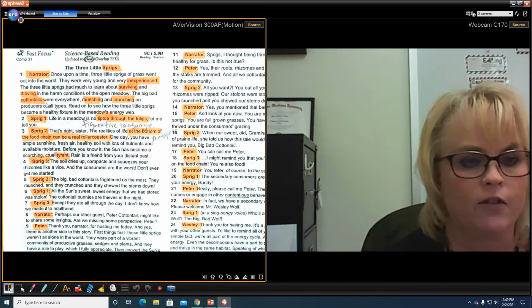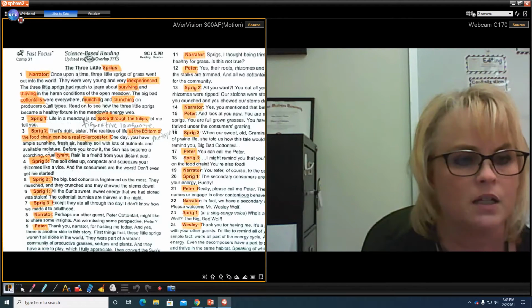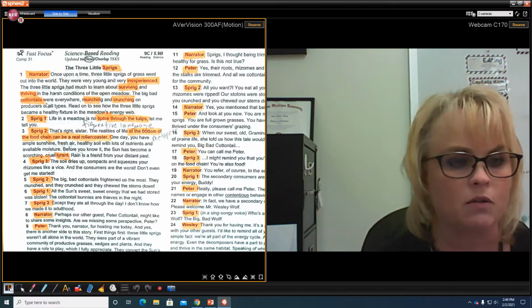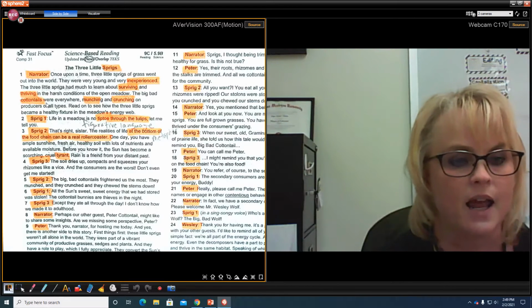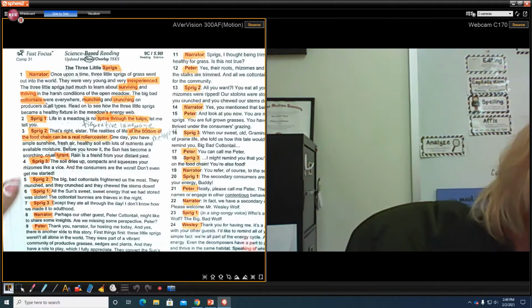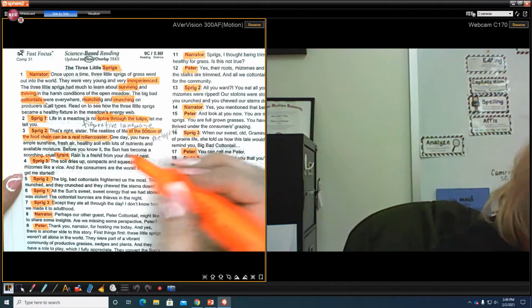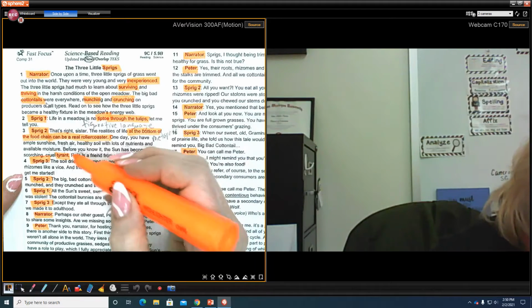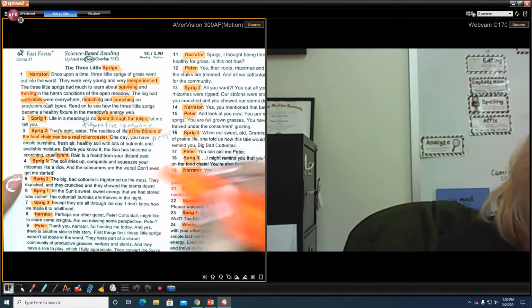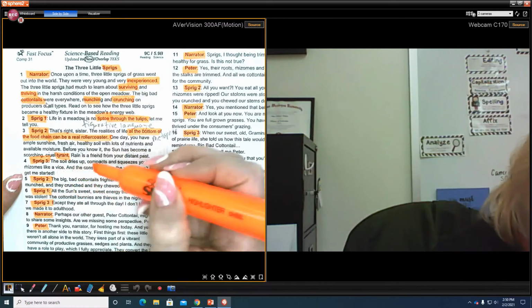Rain is a friend from your distant past. Sprig 3. The soil dries up, compacts, and squeezes your rhizomes like a vice, and the consumers are the worst. Don't even get me started. So we have more figurative language here. The soil dries up, compacts, and squeezes your rhizomes like a vice.